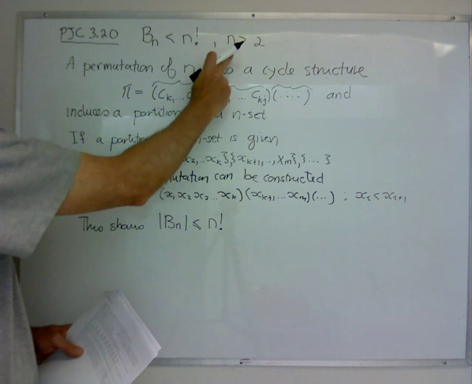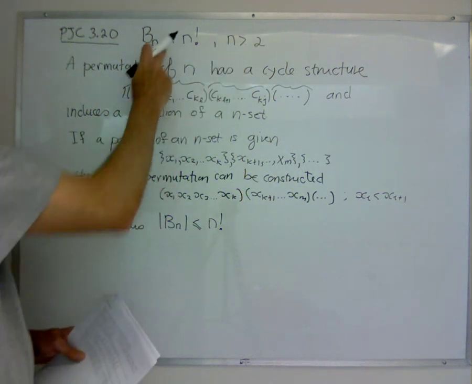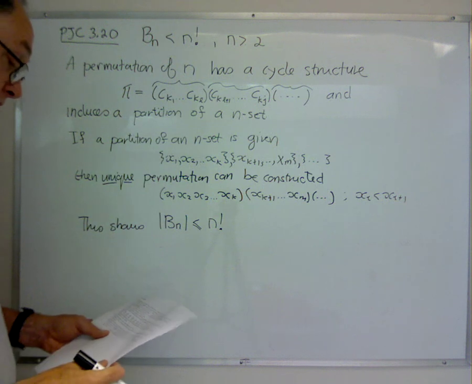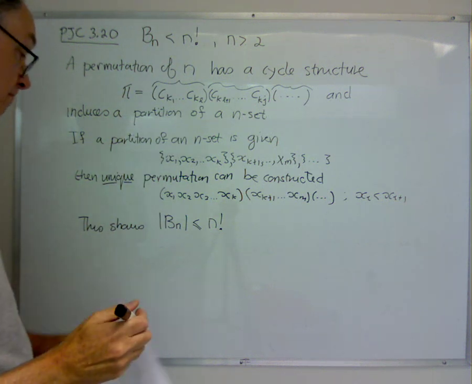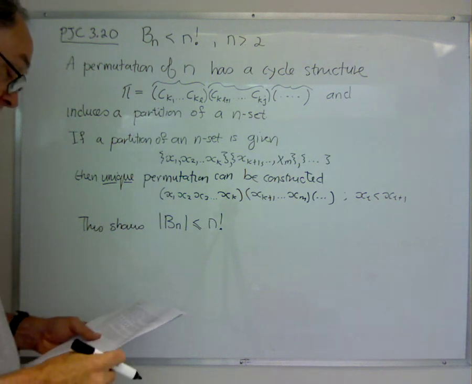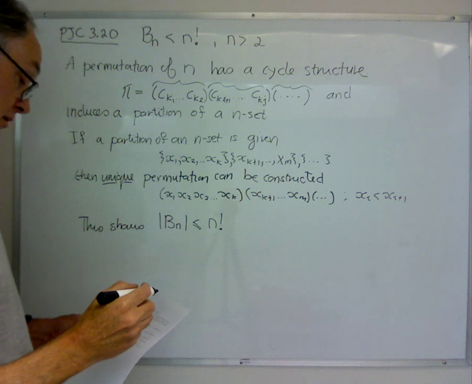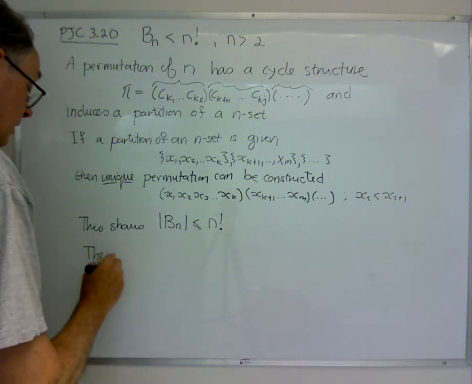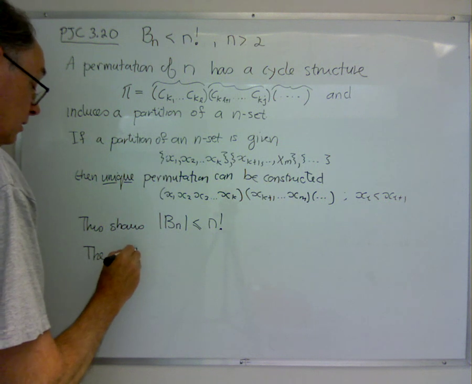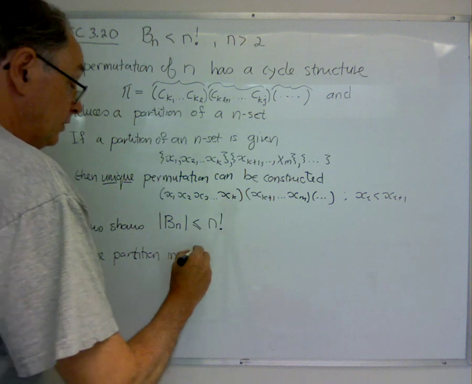So we have now to assume that n is 2 or bigger in order to make this strict. Okay, so what we notice is the partitioning into a single part.